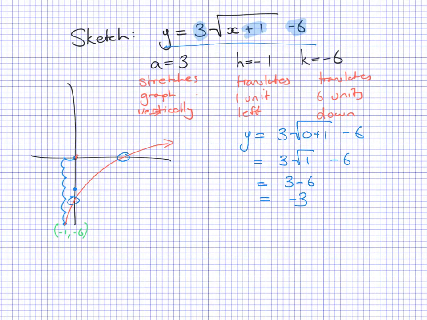So then to find the x-intercept, you set y equal to 0. We've got 0 equals 3 root x plus 1, minus 6. Move the 6 first, so you end up with 6 equals 3 root x plus 1. Divide by 3. 2 equals root x plus 1. Square both sides to get rid of the square root, so you end up with 4 equals x plus 1. So therefore, x equals 3.